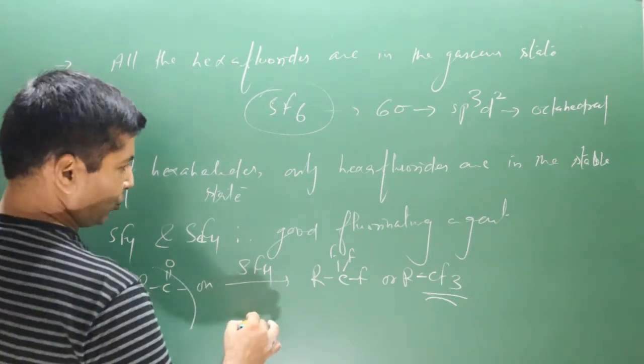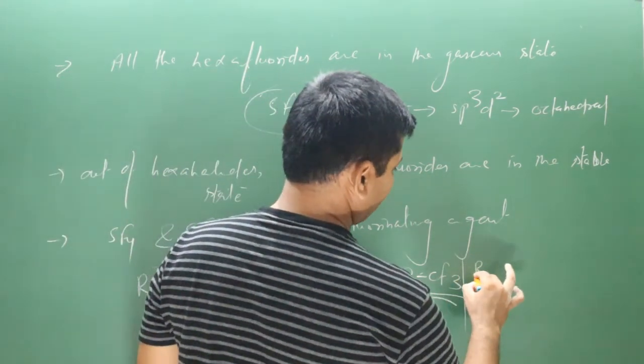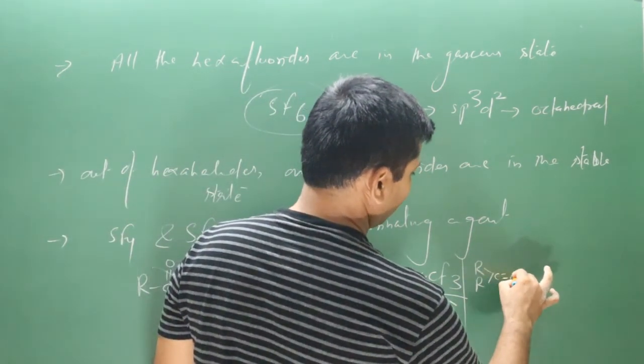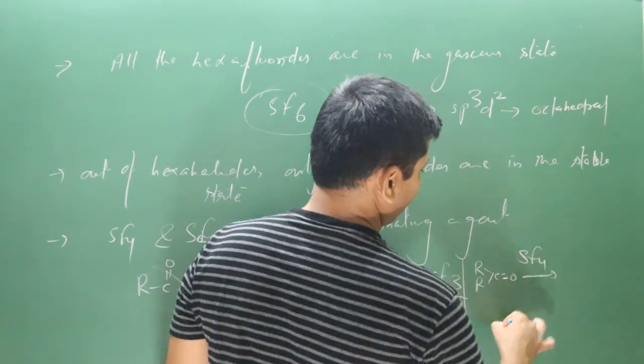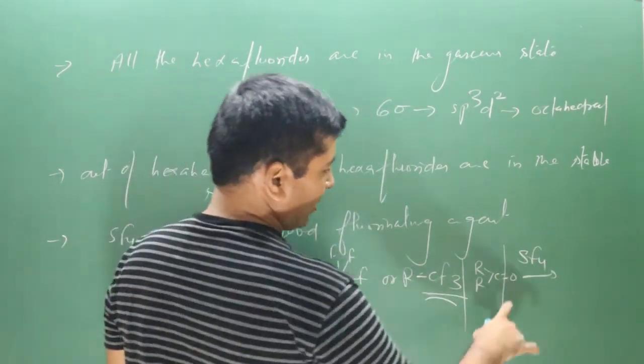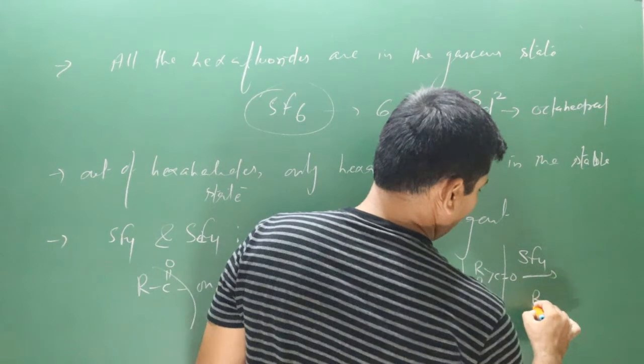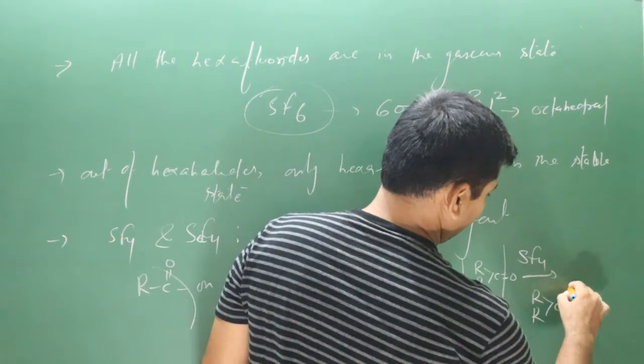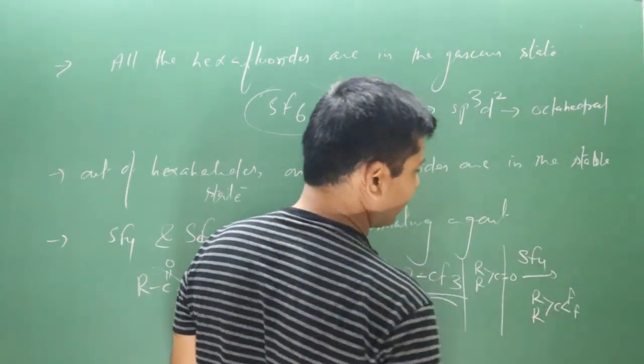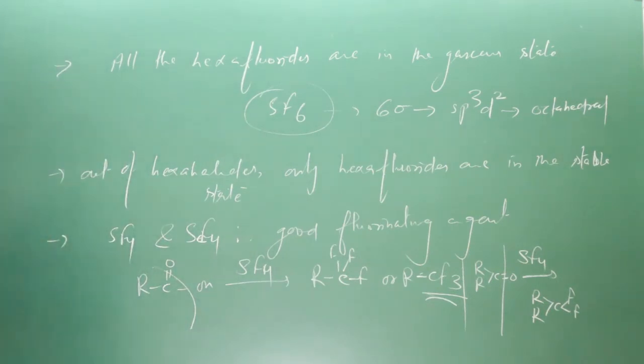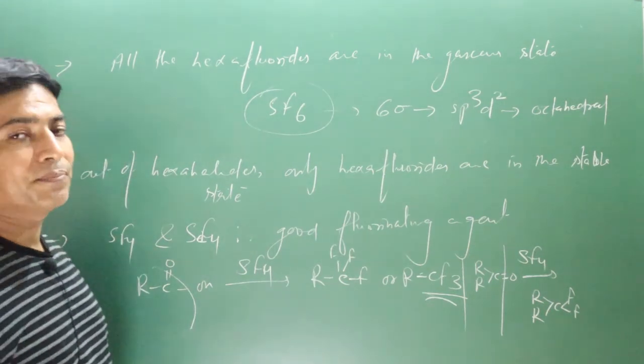If I take a ketone also, such as R2C=O with SF4, break the 2 bonds, remove oxygen, and you will get R2CF2. So they are considered better fluorinating agents.